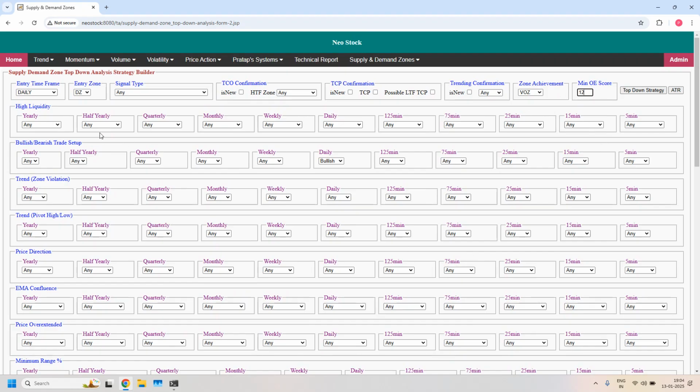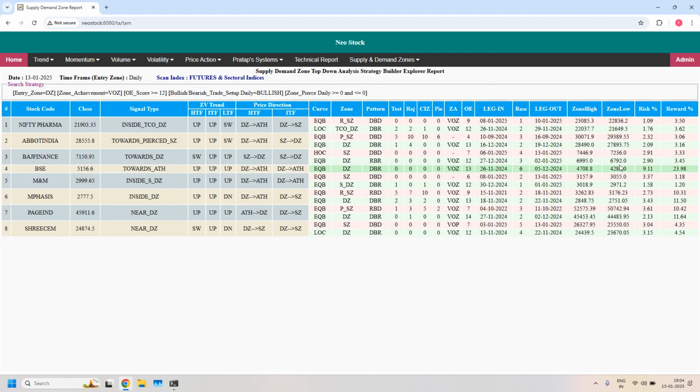All three filters are applied to daily demand zone. Let me filter. We got 8 stocks. Currently these 8 stocks are supporting bullish trade setup for monthly income trade. And entry zones are daily demand zones. Out of these 8, a few demand zones are already high probability based on high liquidity zones.